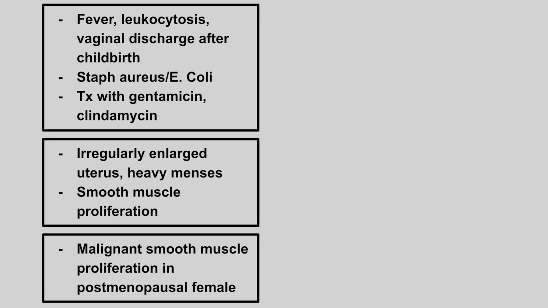Next, we have a patient with fever, leukocytosis, vaginal discharge after childbirth. It's usually due to Staph aureus and E. coli, and we treat it with gentamicin and clindamycin. This is endometritis. Next, we have an irregularly enlarged uterus, heavy menses, and smooth muscle proliferation.